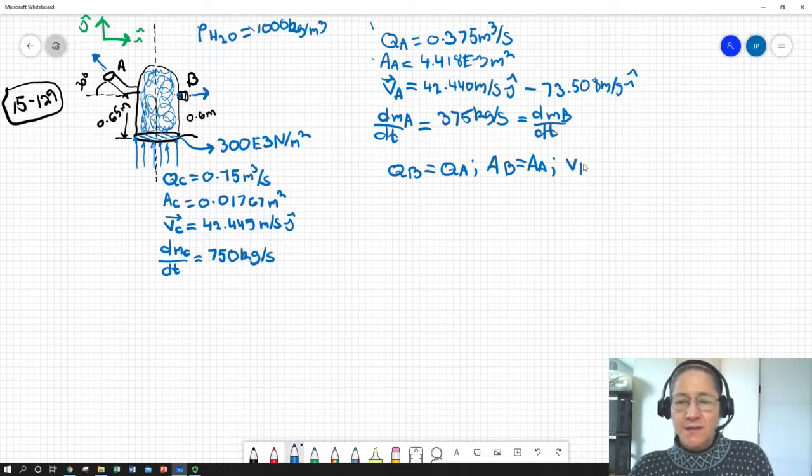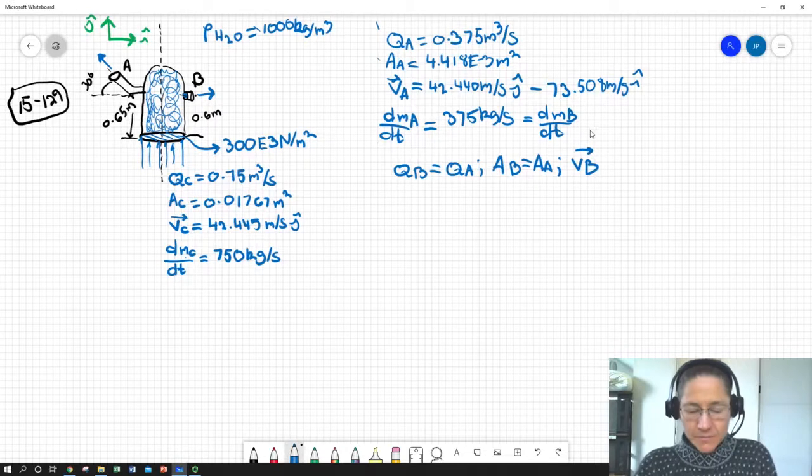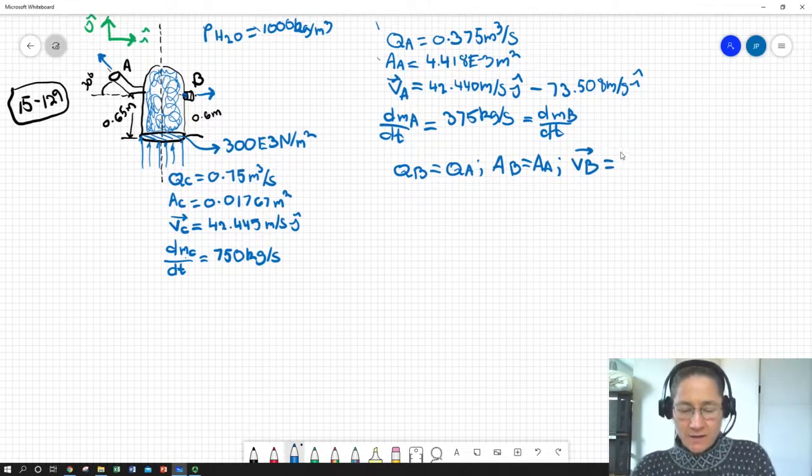And so the velocity of B, and we're going to give it a vector direction, is going to be 84.9 meters per second i hat.